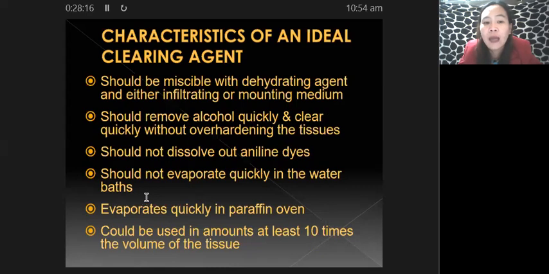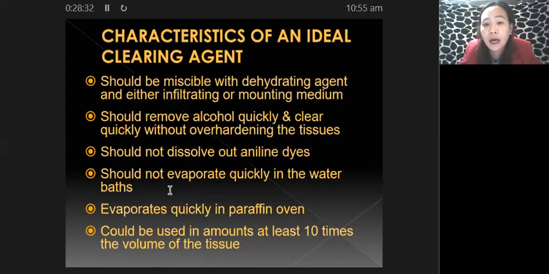It should not evaporate quickly in the water bath. It should evaporate quickly, however, in your paraffin oven. And it should be used in amounts at least 10 times the volume of the tissue.